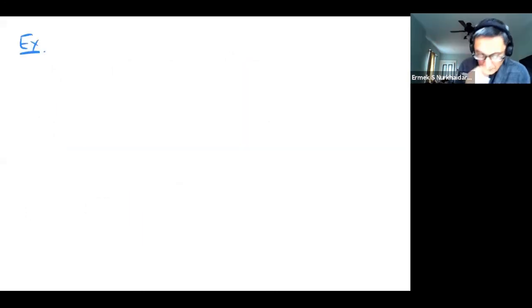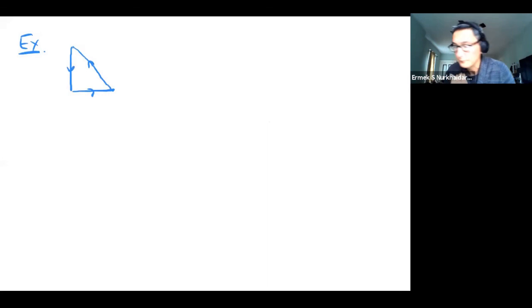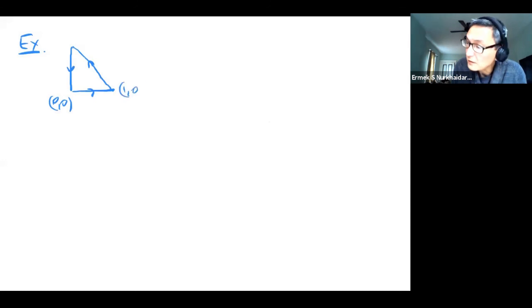So let's say we have a triangle, and that's our path curve. So C is a closed curve. (0, 0) here, (1, 0) here, (0, 1). So C consists of 3 pieces, C1, C2, C3.